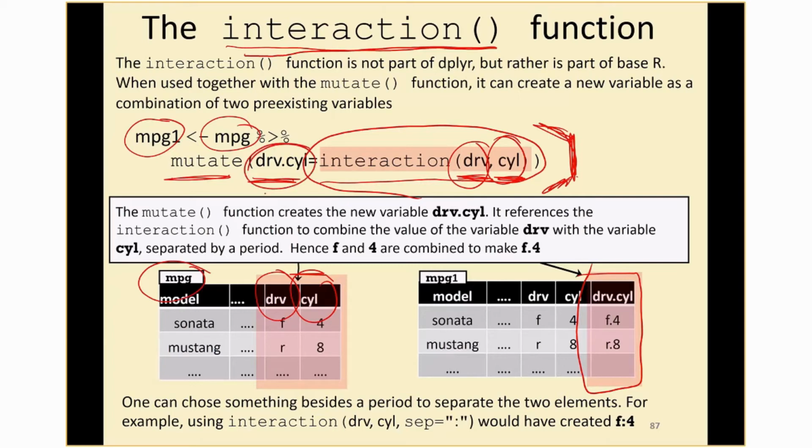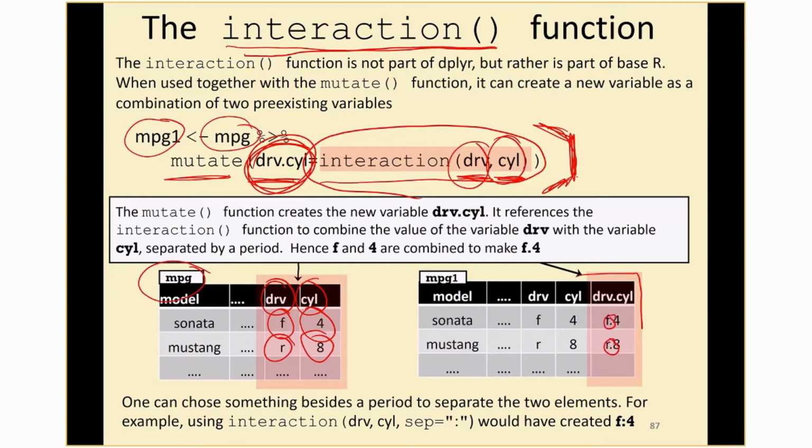There it is, created by my mutate function, and it consists of a combination of these two variables, drive and cyl. So the F gets combined with the 4, separated by a period. And the R gets combined with the 8, separated by a period. And there's a little note down here that says by default, the separator is a period.